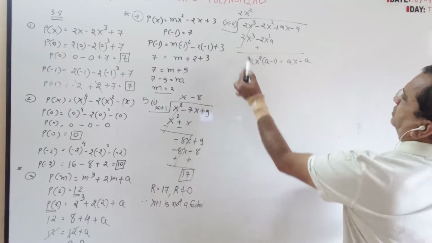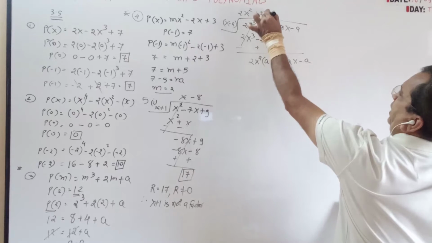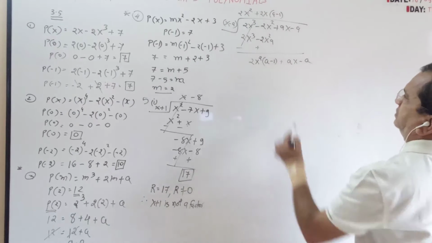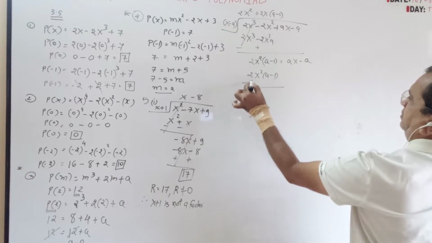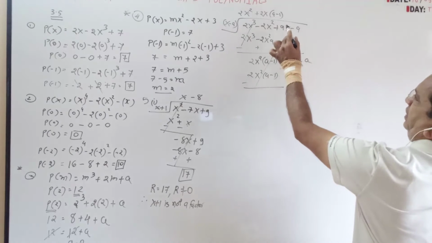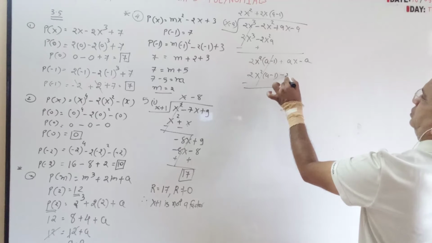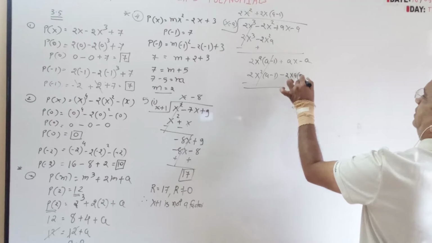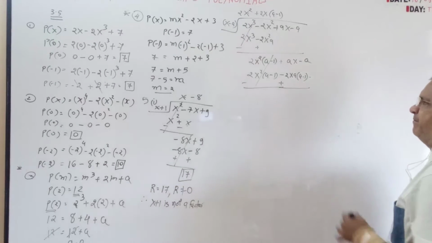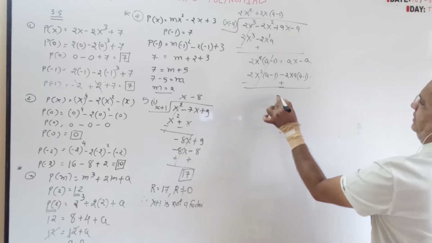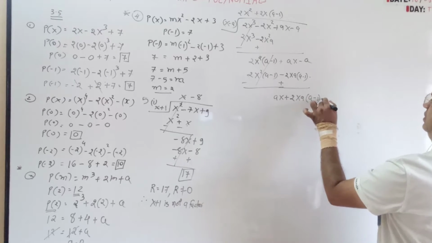Okay, then this divided by this, you will get plus 2x a minus 1. This into this, 2x square a minus 1. Minus cancel. And into this, so minus 2x a minus 1. This will be plus. So overall, it is ax plus 2x a minus 1 minus a.